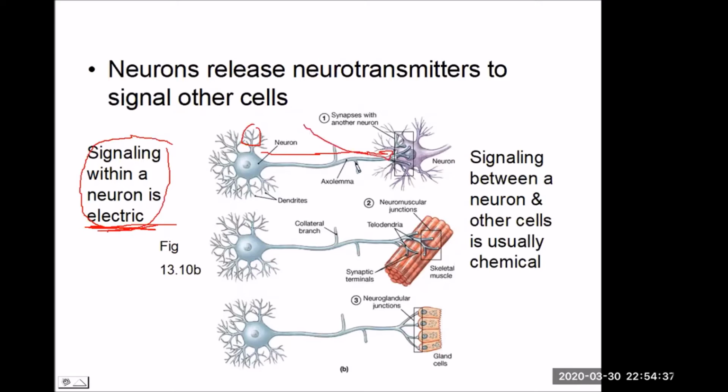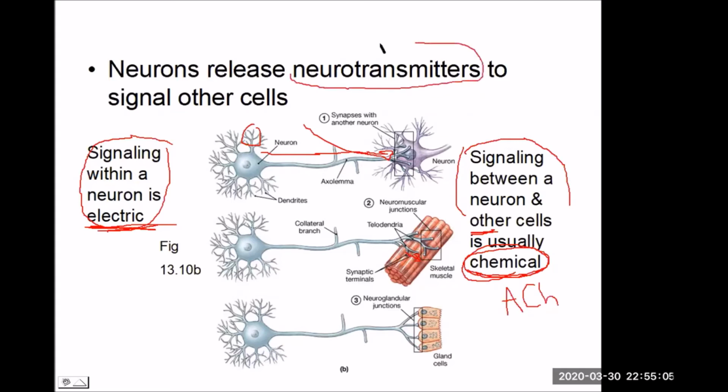However, the way that a neuron communicates to another cell, so between neurons and other cells, there's a release of a chemical. So to communicate from these synaptic terminals to this muscle cell, we already learned the chemical involved in terms of muscle contraction was the neurotransmitter acetylcholine, ACH, and we're just describing that again.